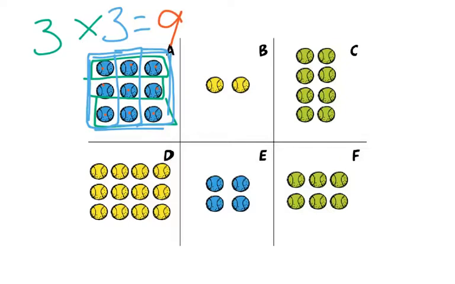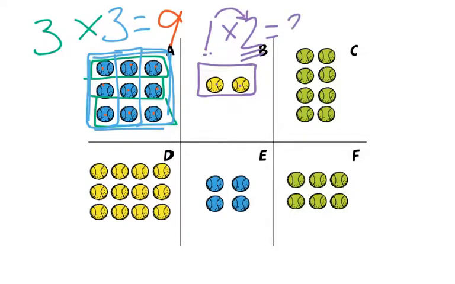Okay, great. Let's move on to B. For B, we have 1 row of 2. So 1 times how many are in those rows? 2. Anything times 1 is the other number, equals 2. Okay, awesome.